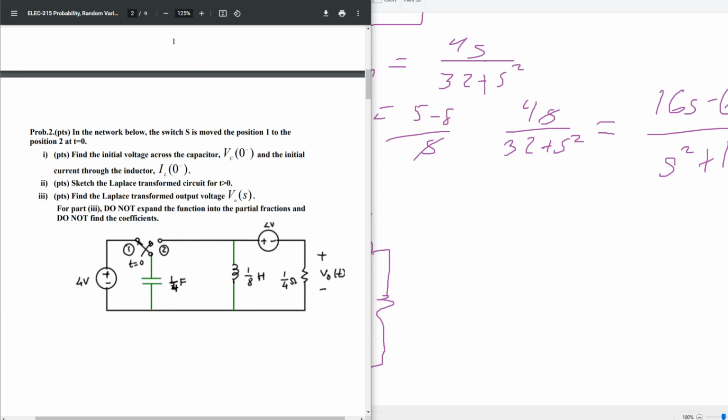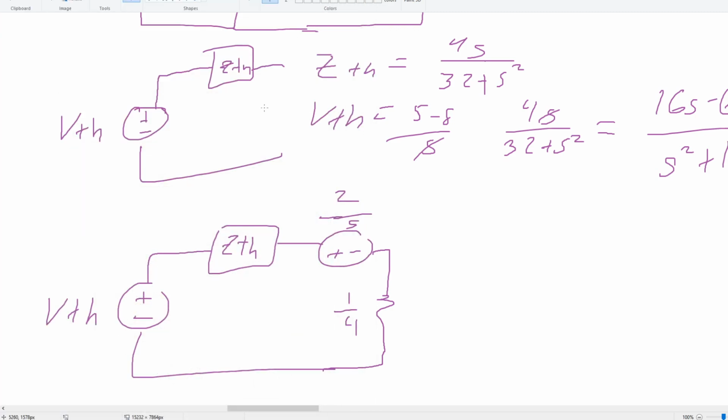Okay, so basically, we have 2 voltage sources. So we're just going to add those two together.